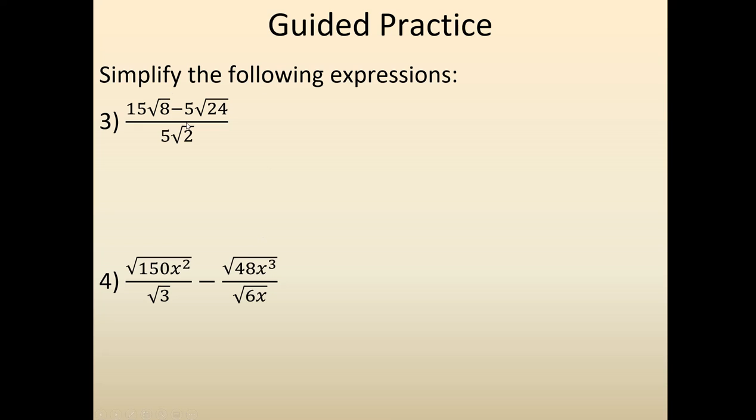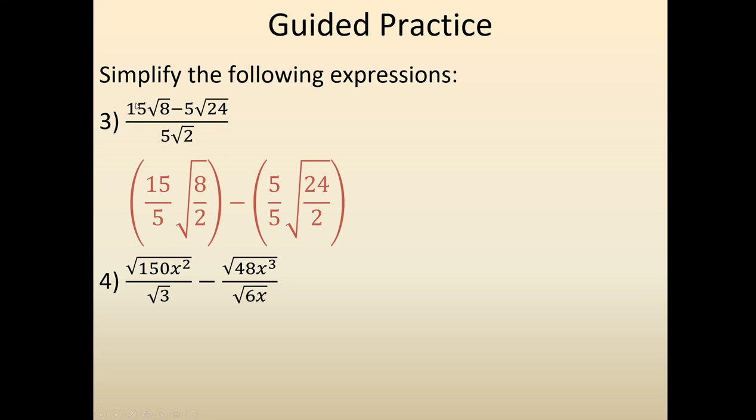All right, so the first thing that we want to do with number 3 is we kind of want to split it up into two parts. So we have 15 rad 8 divided by 5 rad 2, and we have 5 rad 24 divided by 5 rad 2. So when we do this, we do the steps simultaneously. So we do 15 divided by 5, and then square root 8 divided by 2.